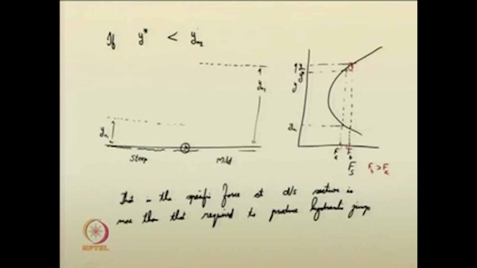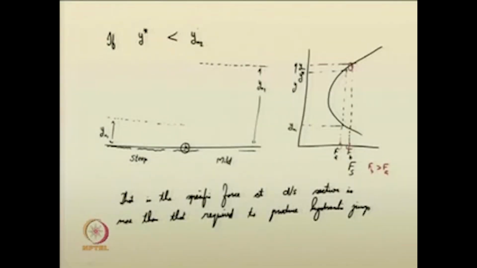So the flow adjusts in such a way that the hydraulic jump is now pushed to the upstream location, and the jump is formed in the upstream location here, followed by an S1 curve. Then it joins the normal depth of the downstream. That is the process, so I can just draw it here.